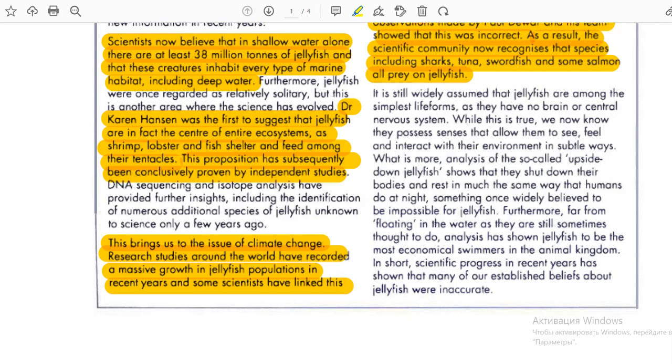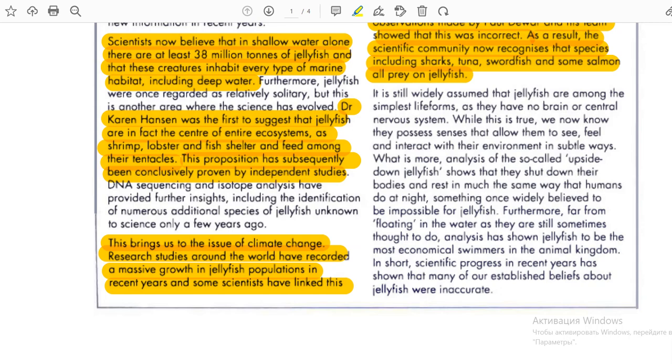So actually we need to read the paragraph of the passage and decide what Dr. Hansen found. What is the writer's view of Dr. Hansen's research? So this is no information, contradicts information, because Dr. Hansen's theory has been conclusively proven by independent studies.